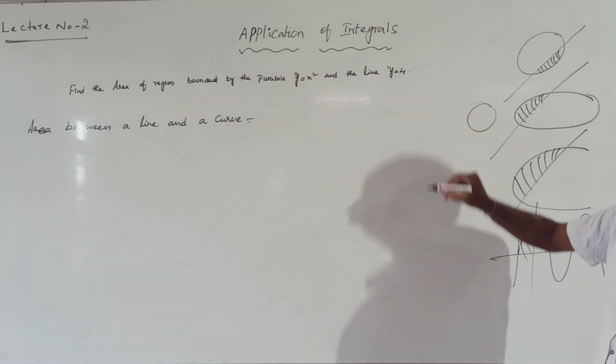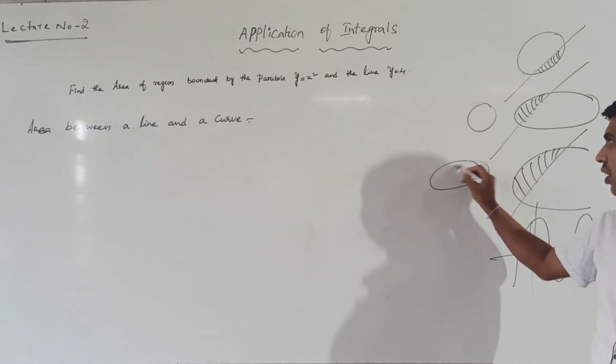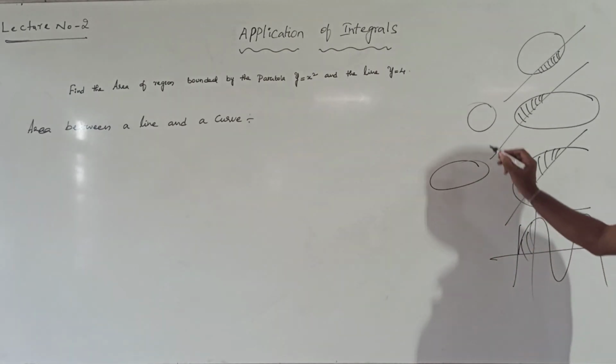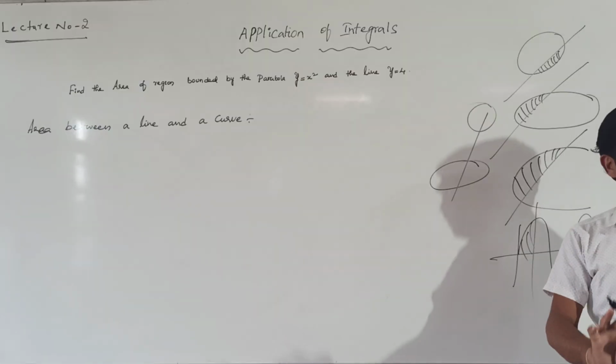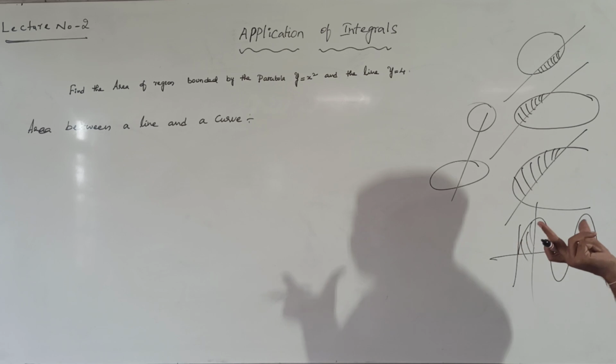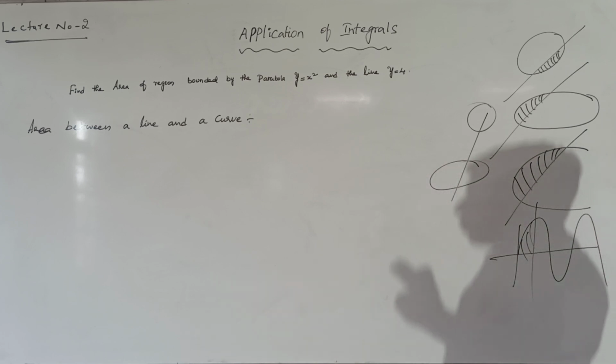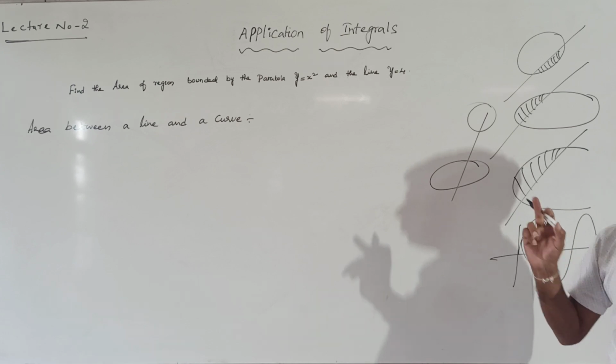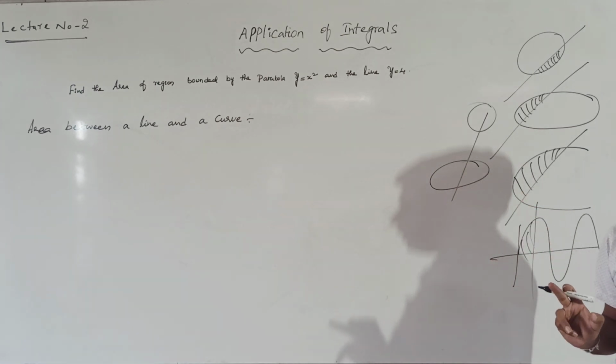Just one circle area and one ellipse area we evaluated. But here, a simple curve equation is not given. Here one curve equation and one line equation are given. So at that time, how to find its area? That is the concept. Next one.